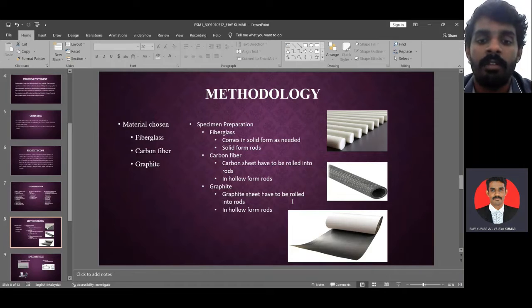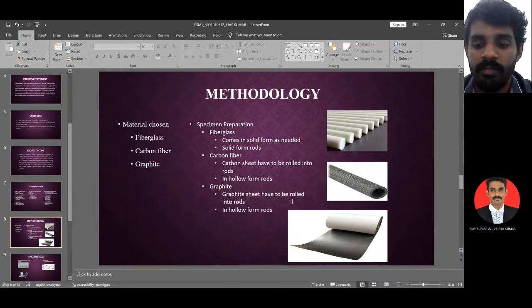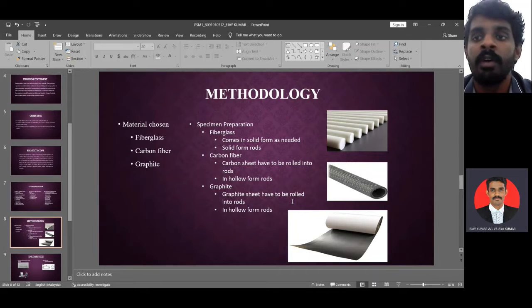The graphite rod also has to be in a hollow form rod because when it comes to fishing rods, fiberglass is always in the form of a solid rod, while carbon fiber and graphite rods are in a hollow form. So I don't want to change the characteristic of the fishing rod.